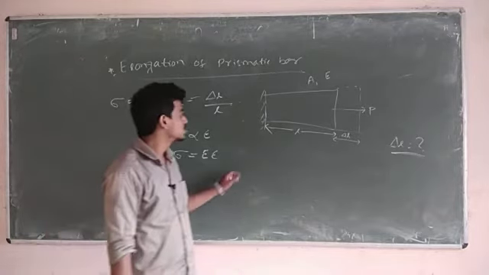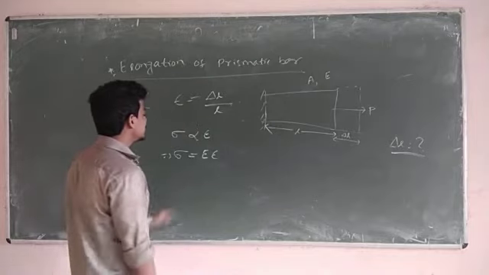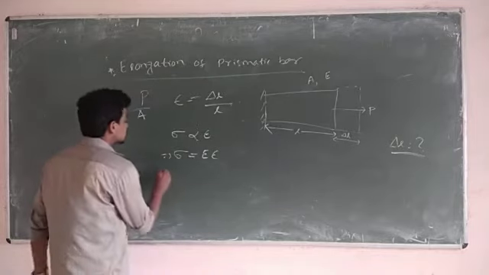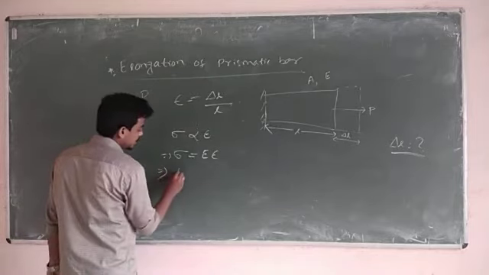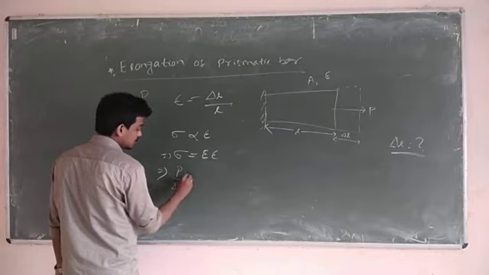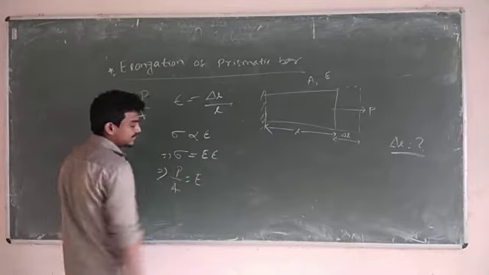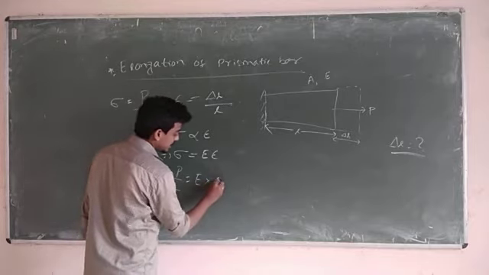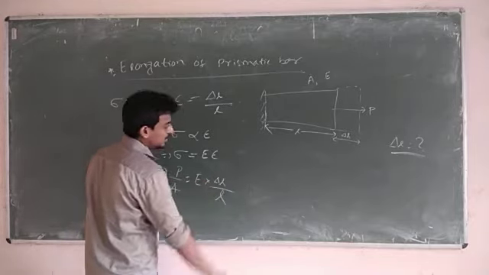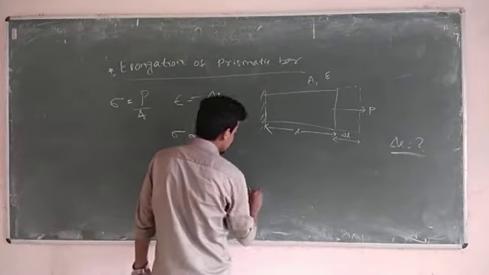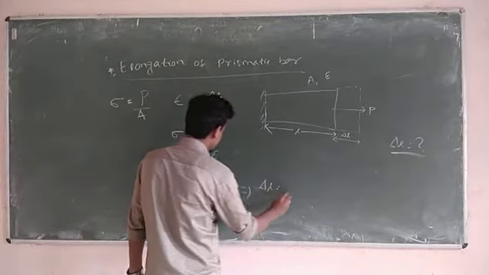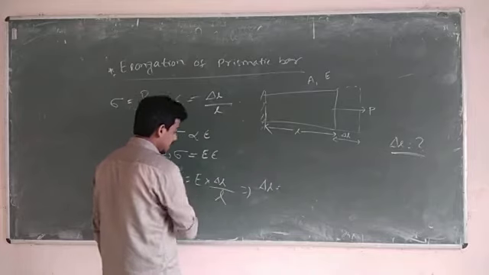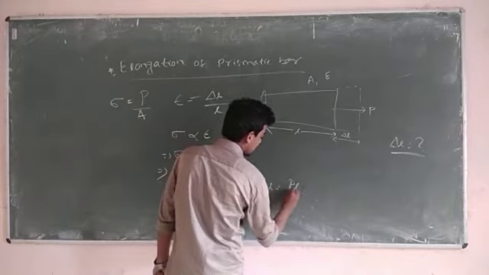So in this case I will just put the values here. Sigma means P by A. E is a constant, so keep it like that. Strain means delta L by L. So now delta L will be PL by AE.